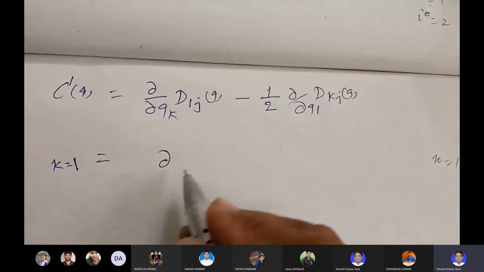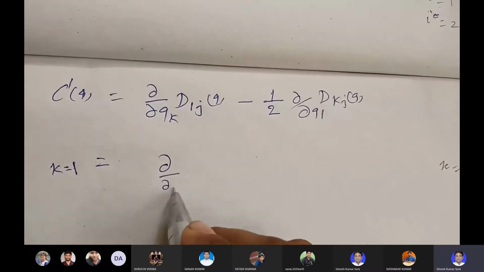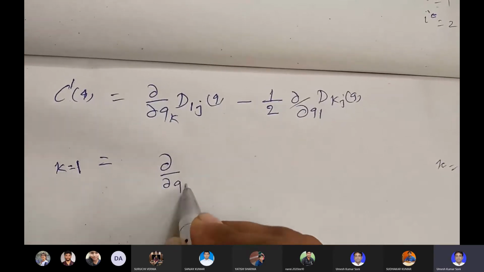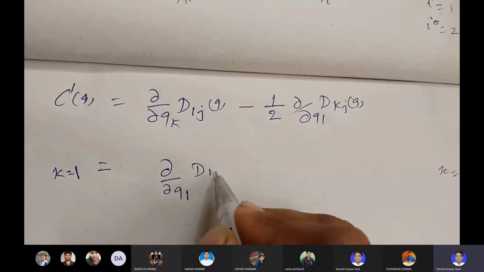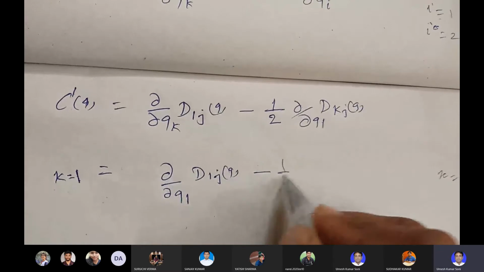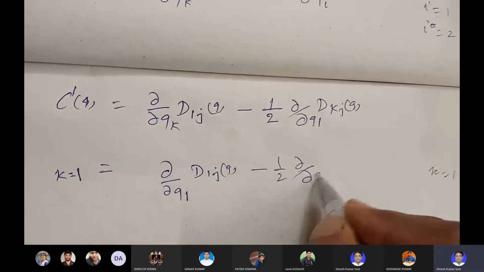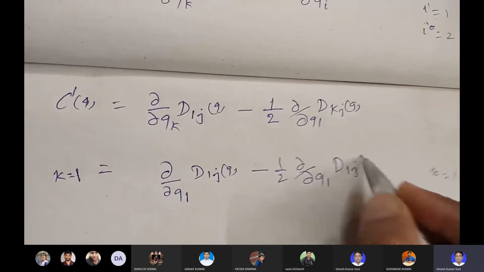When you keep k equal to 1, you will get del q1 d1j q minus 1/2 del upon del q 1 d1j q.